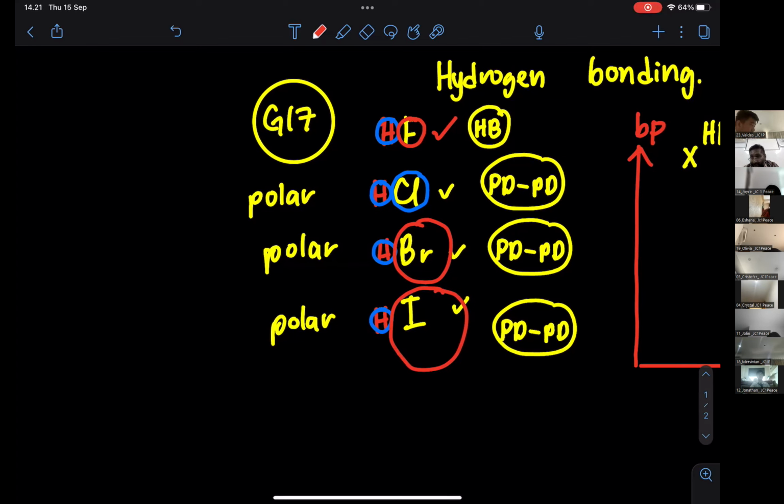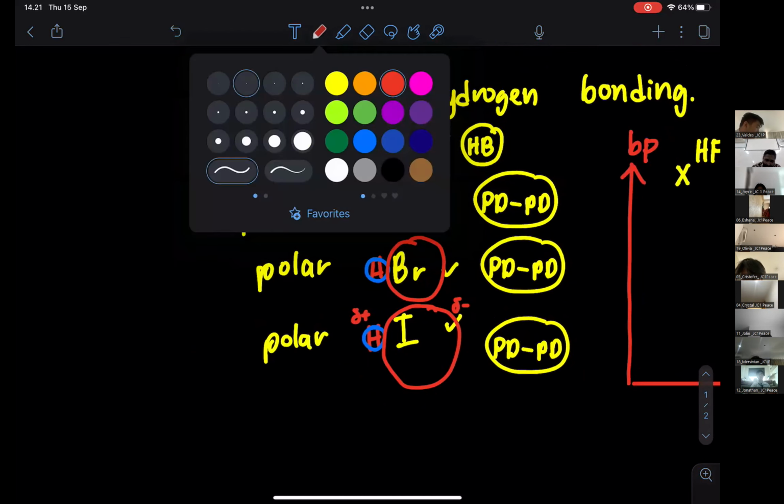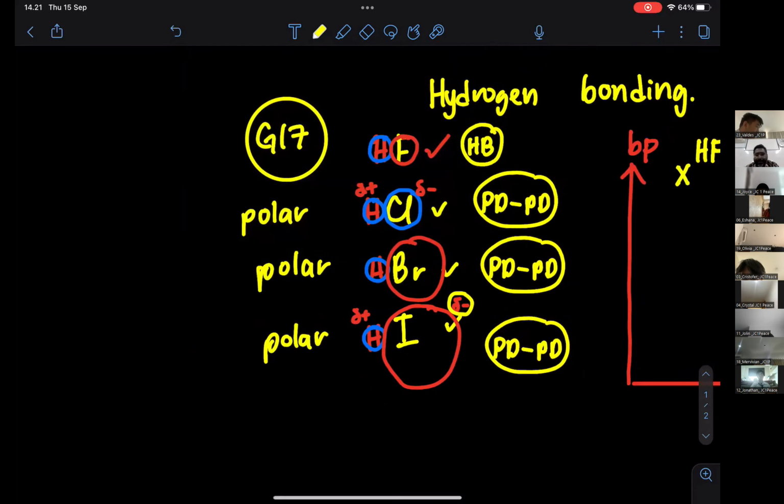Because they have more electrons. If you have more electrons, it means that you might have more delta negative, delta positive. It means that the delta negative over here is going to be stronger compared to this delta negative. And it means that HI and HI can form stronger intermolecular bonding compared to HCl and HCl.